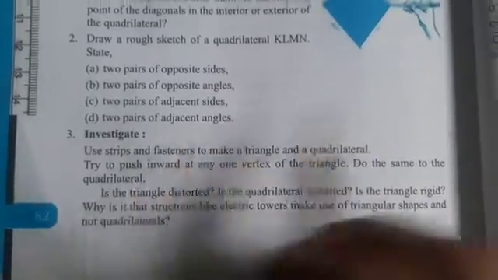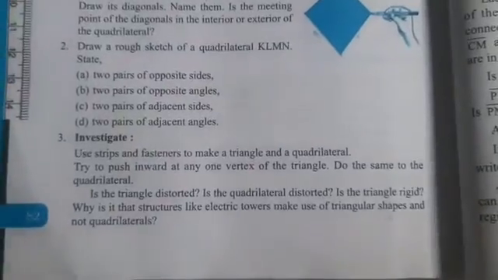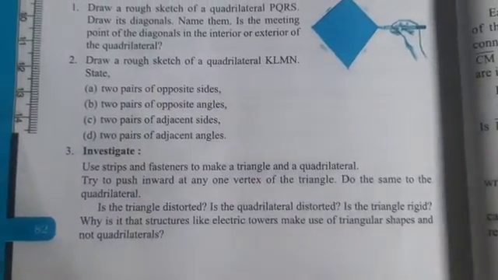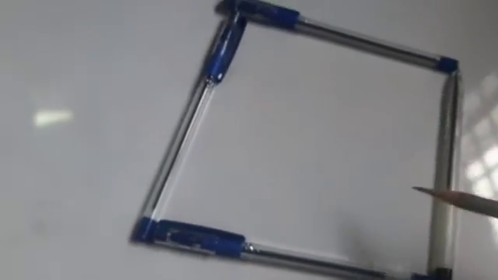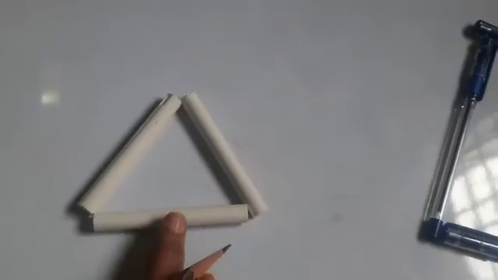Now what we are going to do is, I'm going to use chalk pieces and make a triangle and a quadrilateral. See here, now I have made a triangle with chalk pieces and a quadrilateral with the pens. When I try to move inwards, it doesn't get moved and it is rigid.